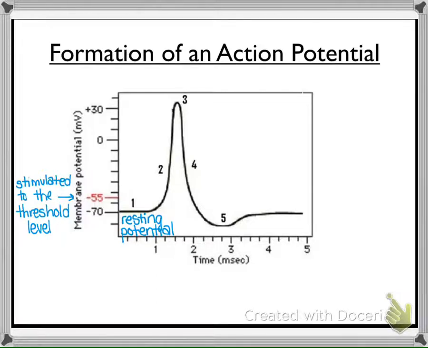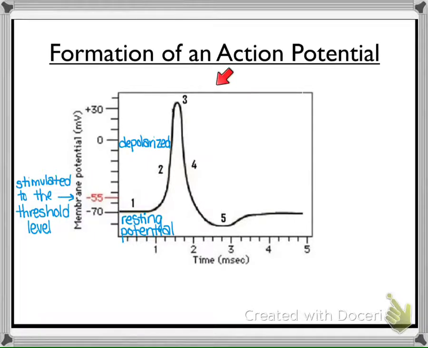And if it becomes positive enough, it is going to cause depolarization. Now, this idea of becoming positive enough, we call that the threshold level. And I'm going to talk to you more about the threshold level the next time that we get together. But assuming that that stimulation happens, then what we're going to see next is the neuron go into depolarization.